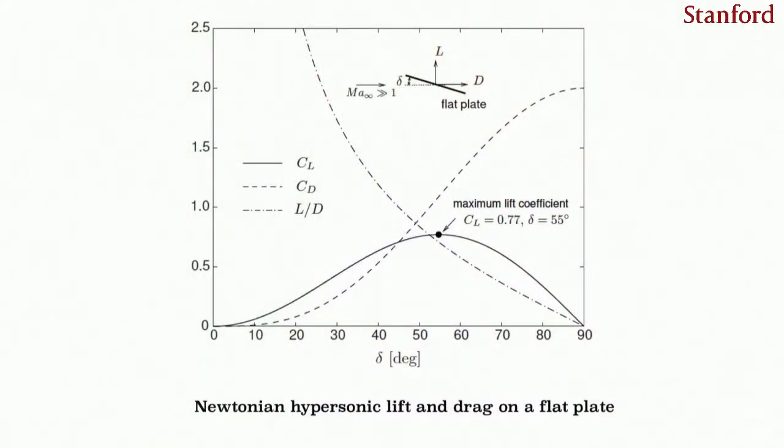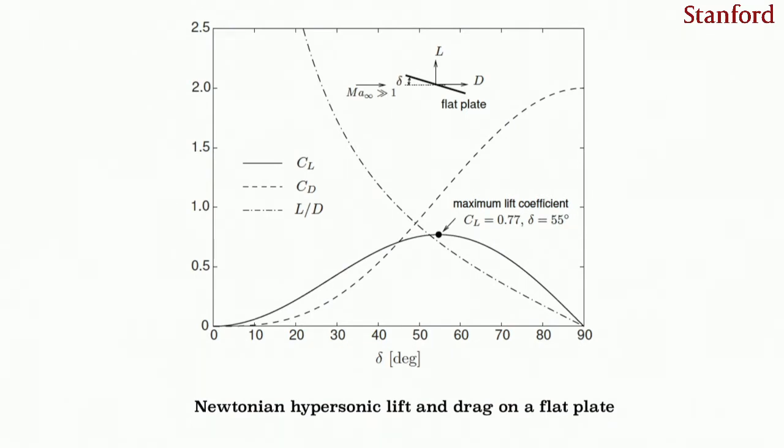So for instance, here you have delta in the horizontal axis. The solid line is the lift. The lift has a maximum at an angle of about 55 degrees. That's the optimum angle that produces the largest lift coefficient.